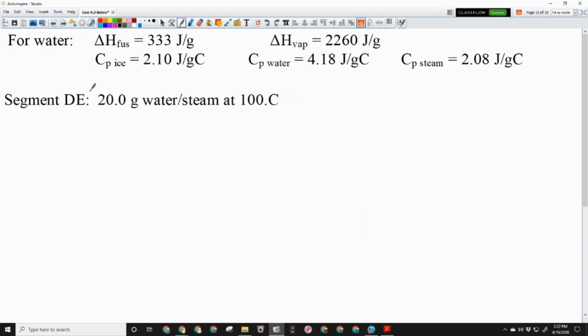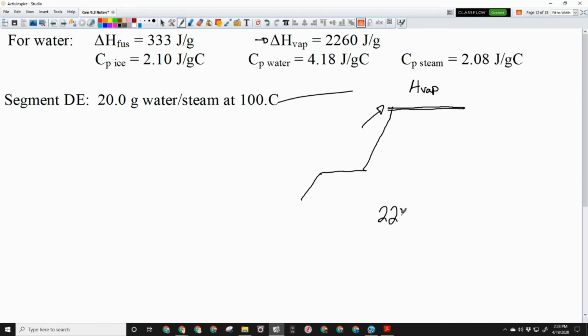Now, D to E, that's where we have the flat part at the top. So A to B, B to C, C to D, D to E, this flat part. So we're adding energy. So this is going to be the heat of vaporization for water. And so that's right here. So that's 2260 joules per gram. And that's good. We have grams. This is in joules, which is what we want.